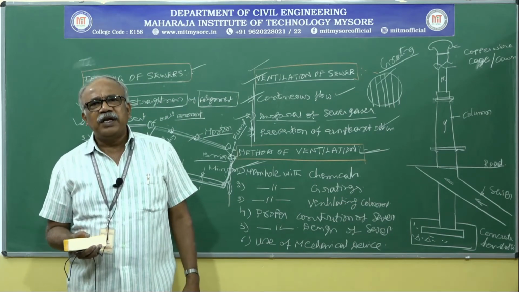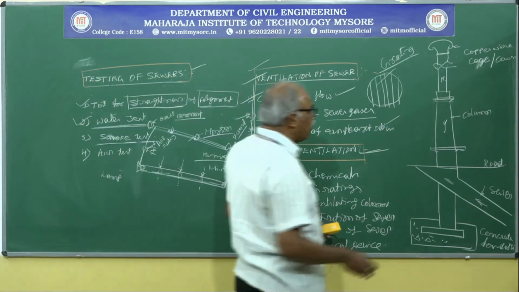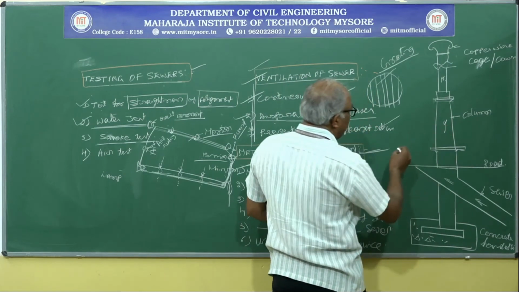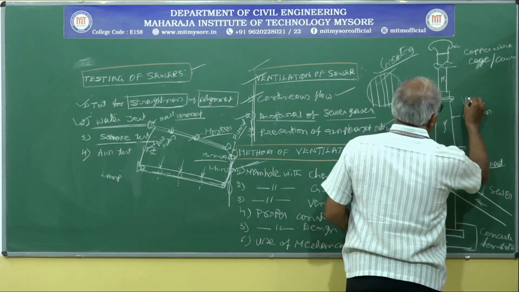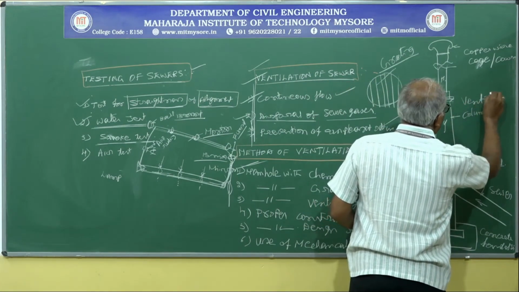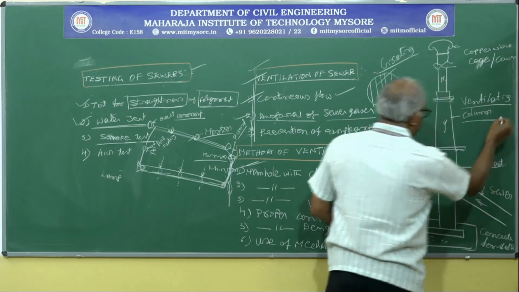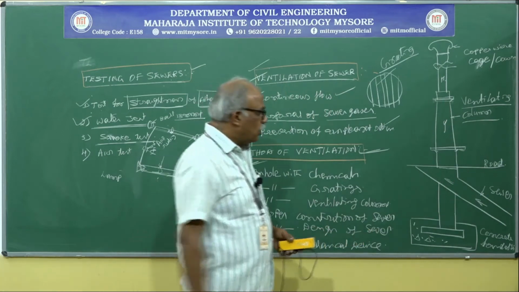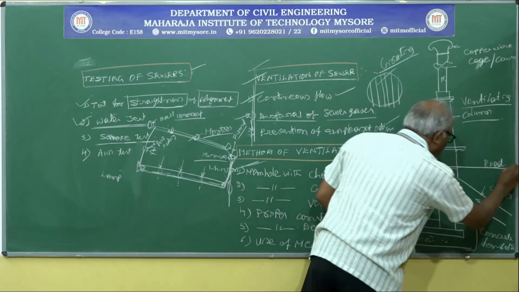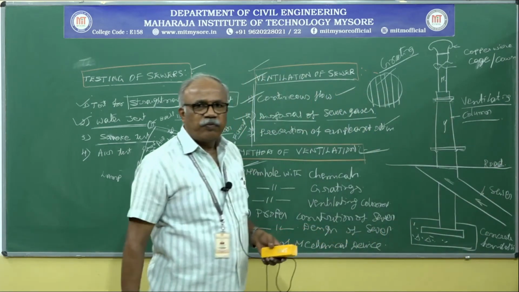Manhole with ventilating columns. You can observe this figure. This is the ventilating column. This line indicates the road.